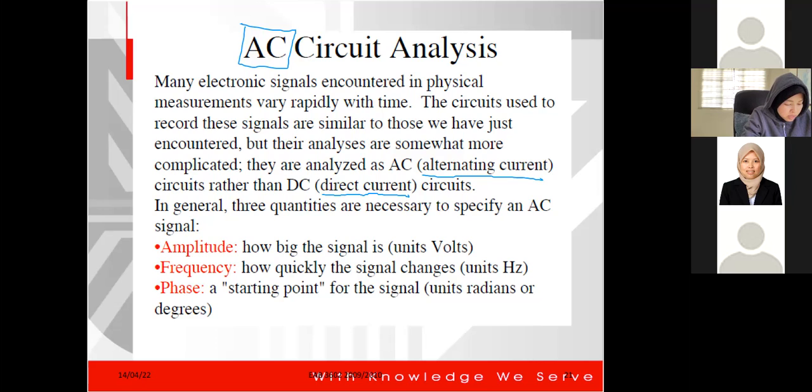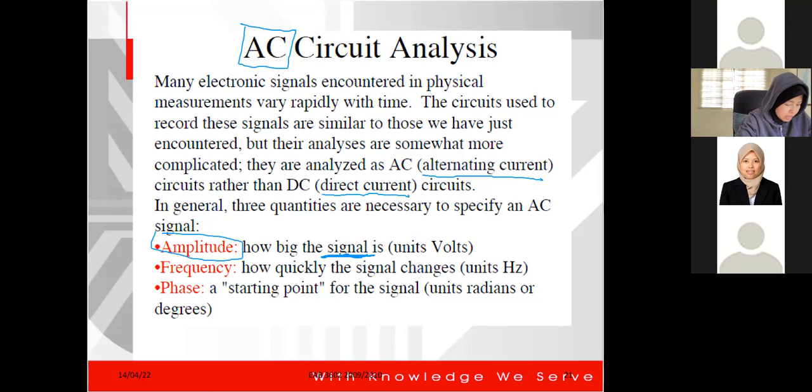In general, these 3 quantities are necessary to specify an AC signal. So you need to understand there are 3 parameters yang berbeza yang perlu difahami kalau dalam AC circuit, which is the amplitude. Okay, amplitude means how big the signal is in unit volts. Dia punya signals, dia ada amplitude dia.